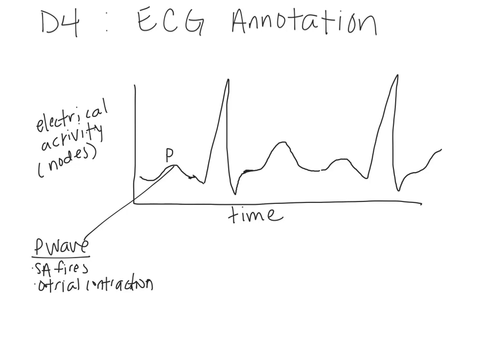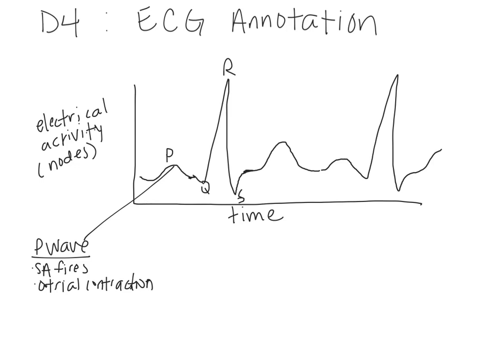Then we have this area called the Q, R, S complex. The QRS complex is basically when the AV node is firing, that's Q, and sending that message along the Purkinje fibers to the ventricles.